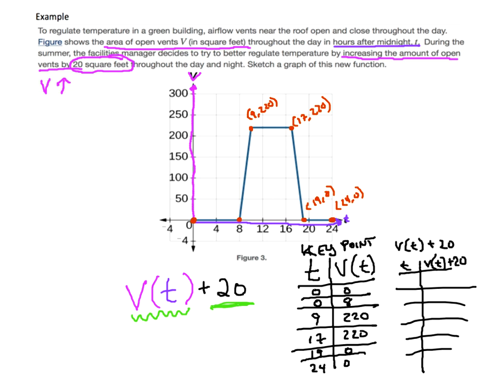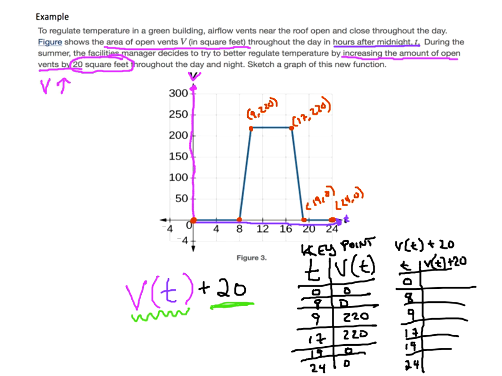So let's see, I see another mistake. Not 0, 8: 8, 0. So 0, 8, 9, 17, 19, 24.